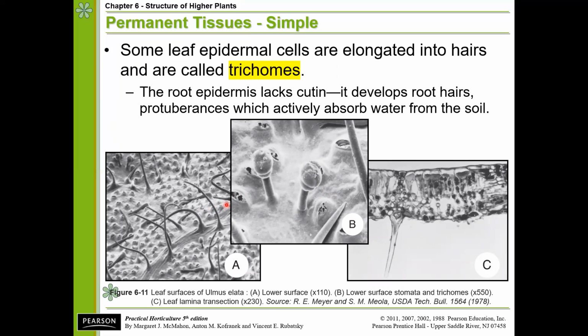We would call each of these trichomes, where these epidermal cells are elongated into a hair-like structure. Some of these can actively absorb water. Some of these can be used to develop into root hairs on a leaf. Some of these contain chemical compounds in them. So those are the trichomes.